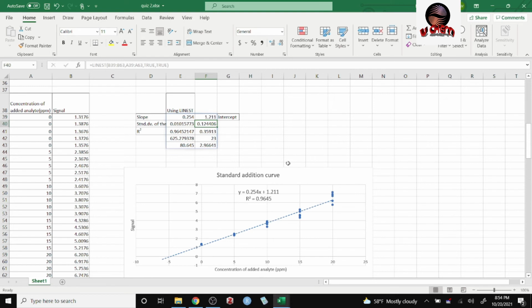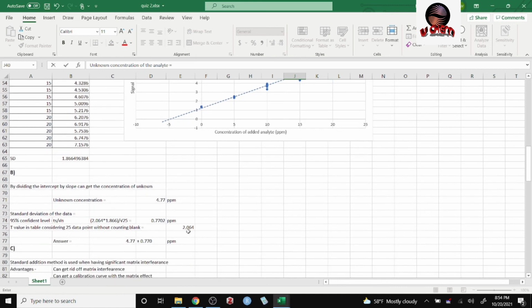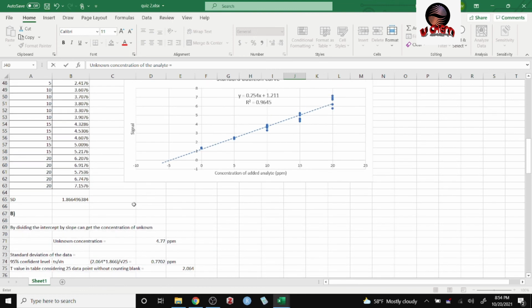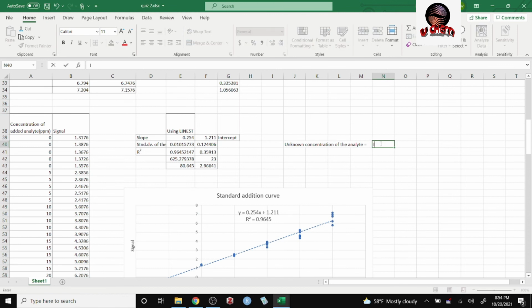To get the unknown concentration of the analyte here, you need to get the intercept and divide it by the slope.